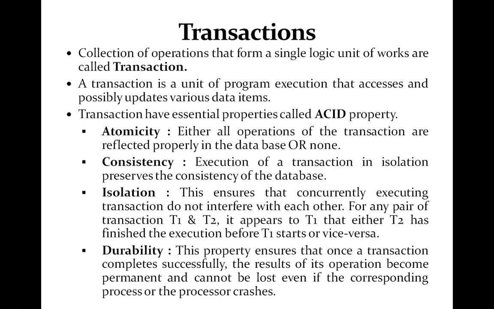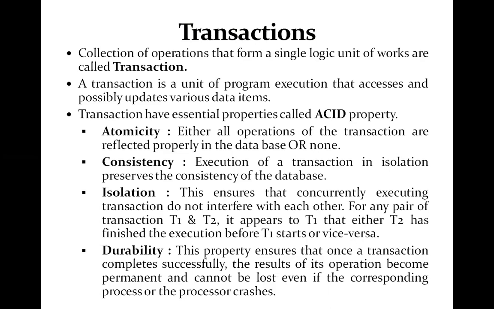So if there is any kind of failure, then atomicity is going to maintain that whatever transaction has been done, it has to be fully done or not done. So atomicity means that either all the operations of the transaction are reflected properly in the database, or none of the operations should be reflected in the database.